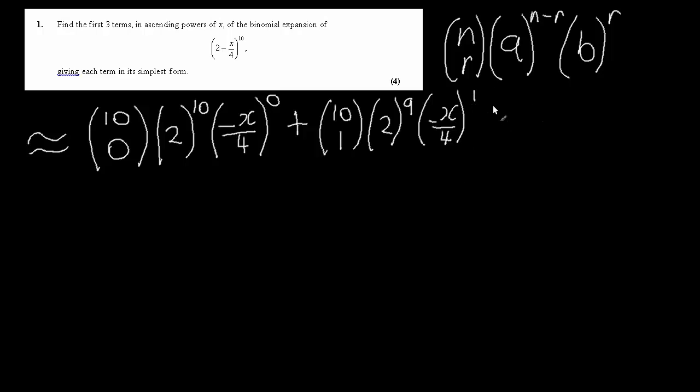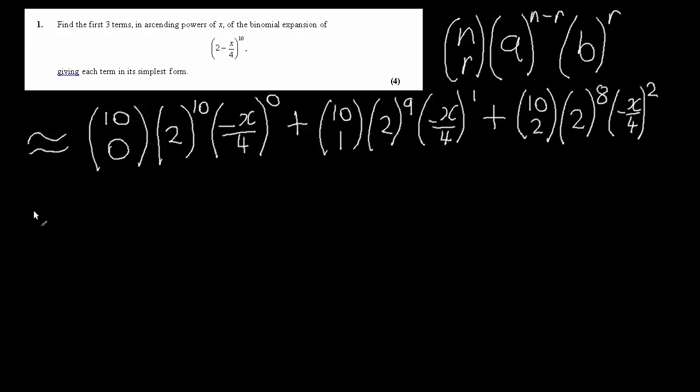And then the third and final term we're looking for will be 10 choose 2, 2 to the power of 8 this time, and minus x over 4 to the power of 2. So the sequence would continue on, but since this question is only asking us for the first three terms, we can just stop there.